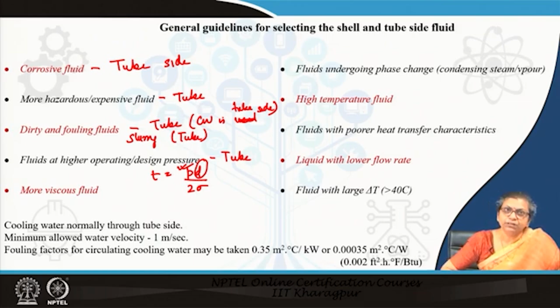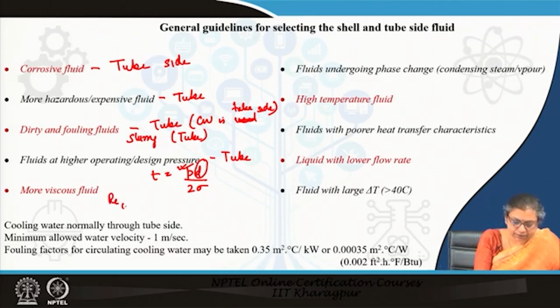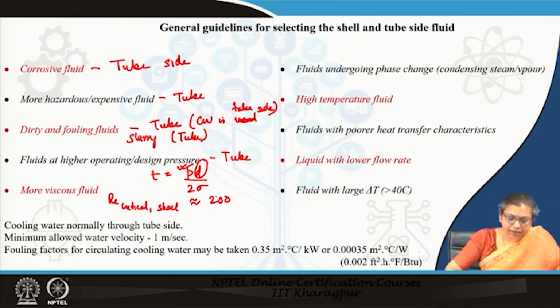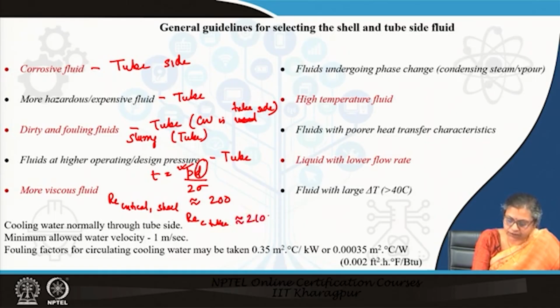Now we come to the more viscous fluid. Where will you like to keep it? Now remember one thing, in the shell side, the critical Reynolds number for the shell side or the outer tube is near about equal to 200. While on the tube side, Re critical, you know very well, is around 2100.